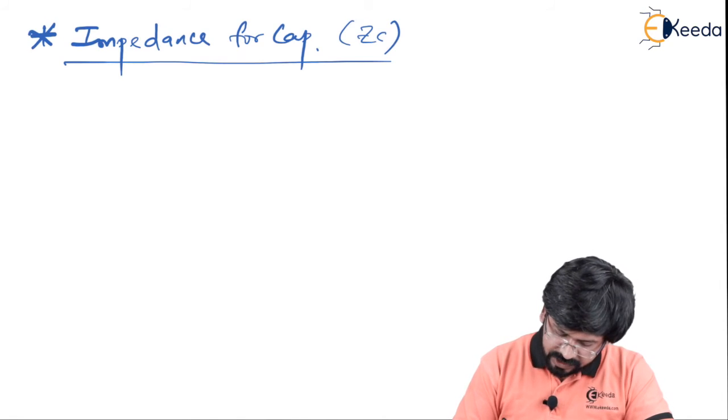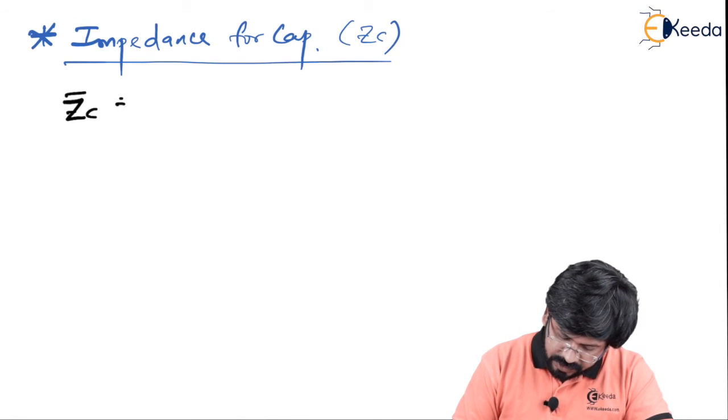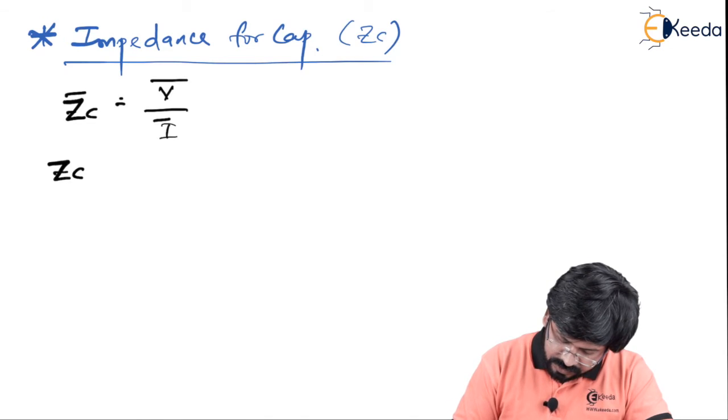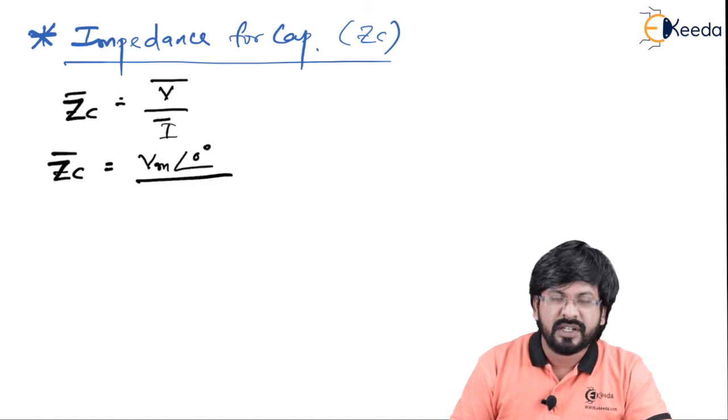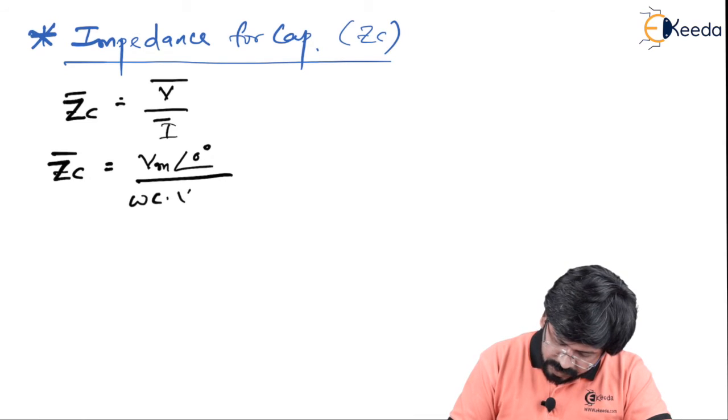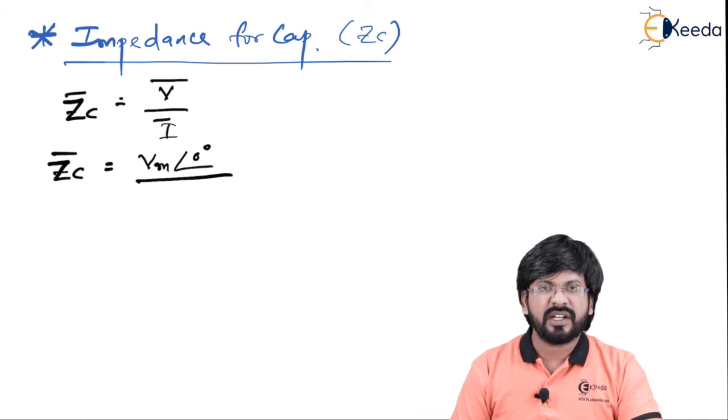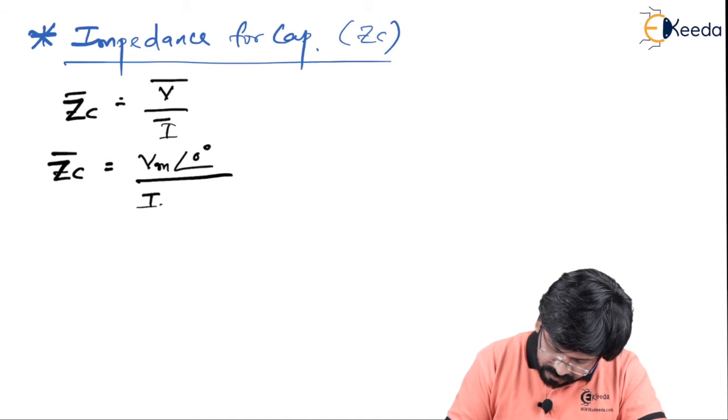Now we will calculate impedance for capacitor. ZC vector is nothing but V vector upon I vector by Ohm's law. ZC vector is Vm at an angle of 0 degree, whereas current we have got omega C times Vm, or current we have Im at an angle of 90 degree.